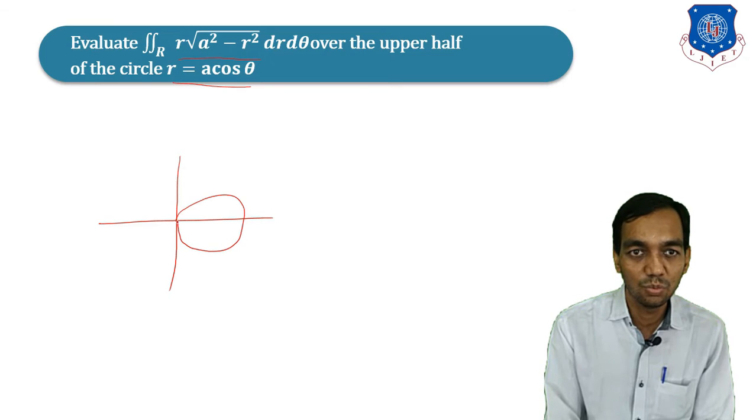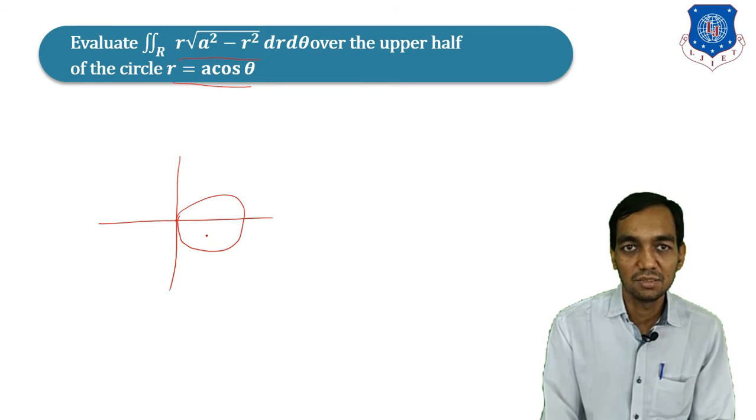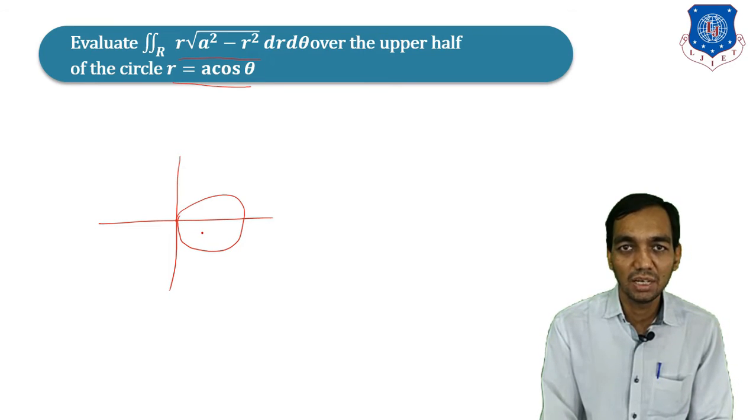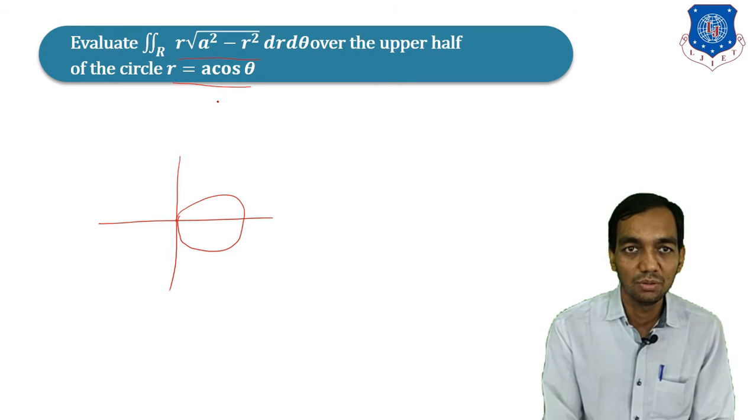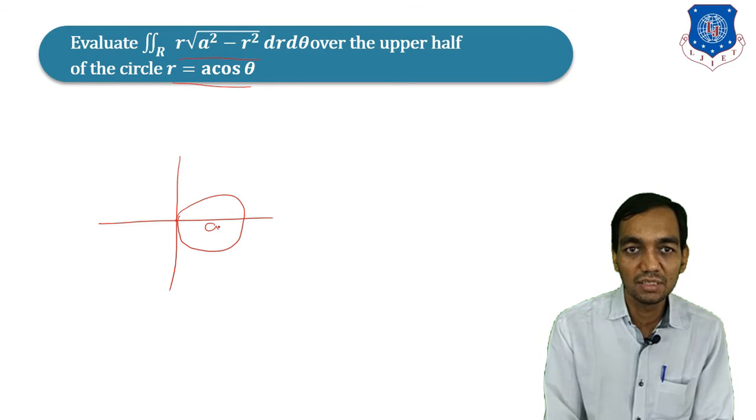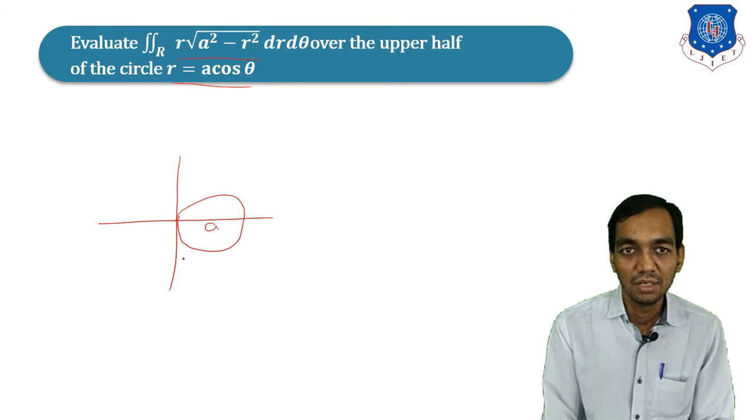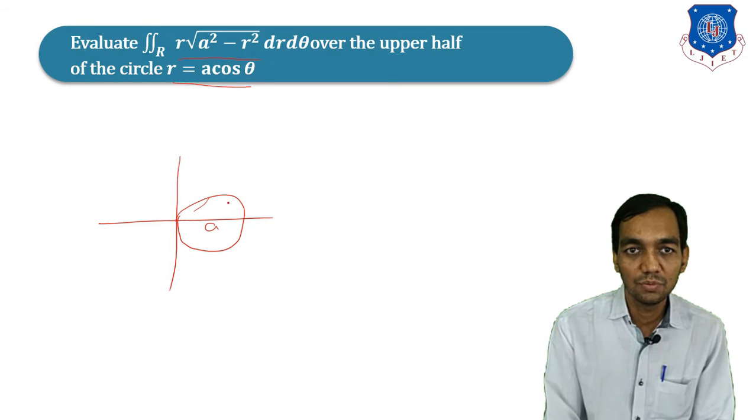It is a circle on the positive x-axis. Because a is not defined, we are going to consider that a is positive, as a is given. Done. So here you have a circle with diameter a, and it is given that the upper half of the circle is given. So this is the area of integration.